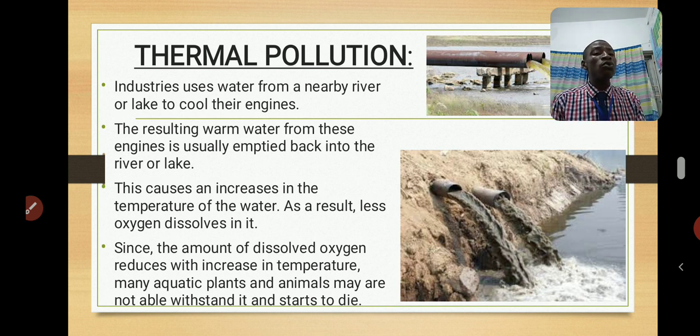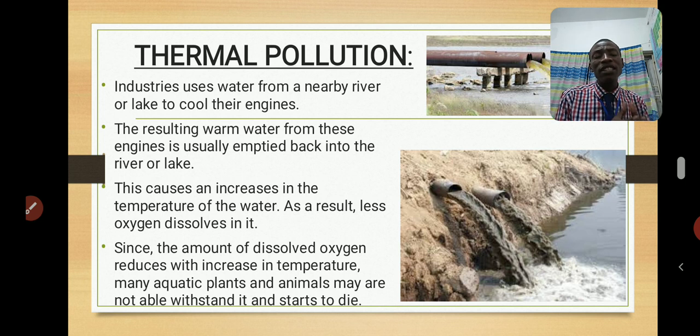When you get to SS2, I will teach you something about how the solubility of a gas in water usually decreases when the temperature of the water increases. This is what is coming into play in this place. These factory owners that are returning hot water back to the rivers are increasing the temperature of the water that is there, and the level of oxygen that is present is going to reduce.